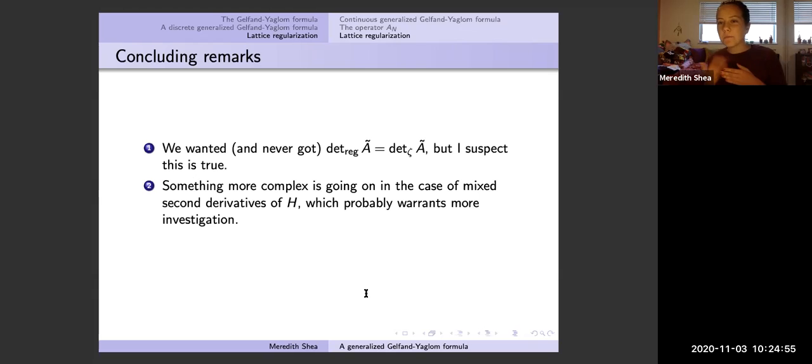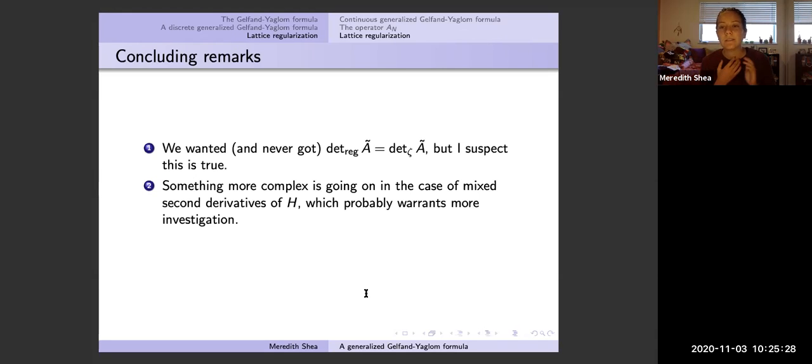I think this is a pro of the discrete version of the formula, because the discrete generalized Gelfand-Yaglom formula works for a whole lot more Hamiltonians than previous ones. If we use that discrete case, you can use any twice differentiable Hamiltonian you want, whereas with any Gelfand-Yaglom type formula before, you had to have a Hamiltonian that looked like p squared plus v.